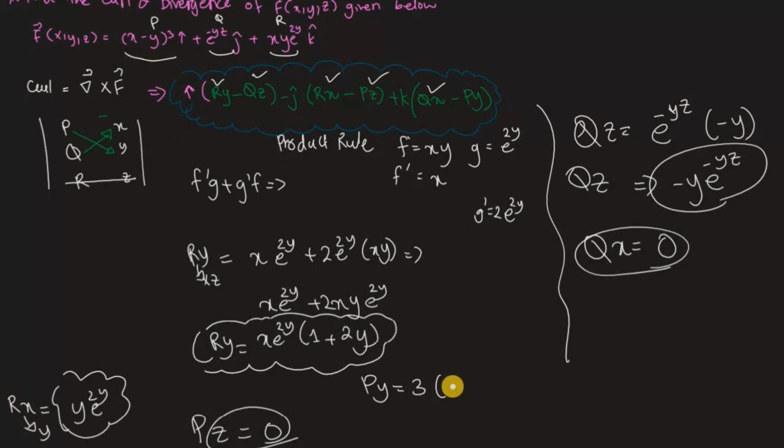First of all, you're bringing the 3 down and writing this exactly the same way, and then subtracting 1 from the exponent, and now multiplying by the derivative of the inside function, since it's a chain rule. And remember, we are differentiating with respect to y. This is -1, and this is a constant, so it's 0. So multiplying with -1 then. So this is going to become -3 x to the power of -y squared.